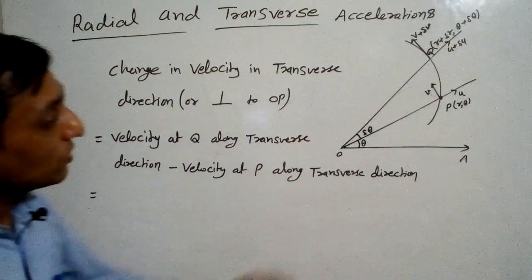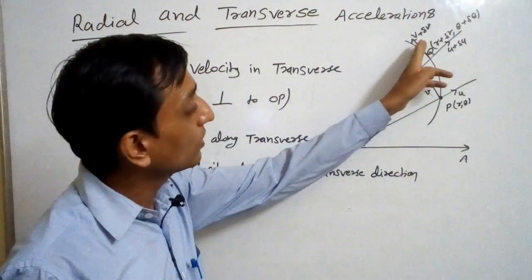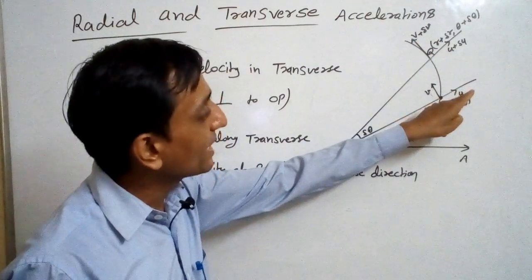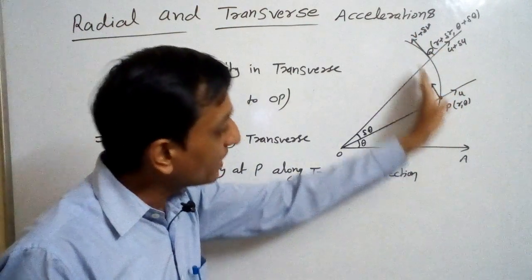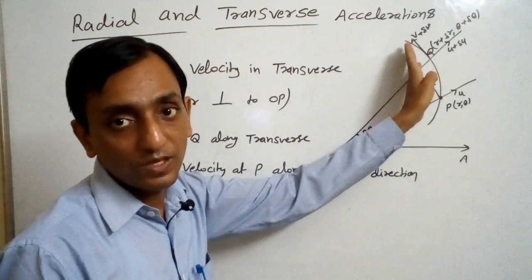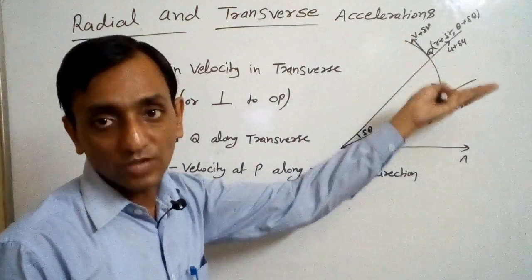For the along OP direction we use cosine, and for the direction perpendicular to OP we use sine.